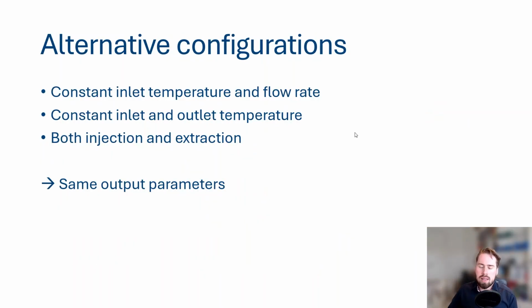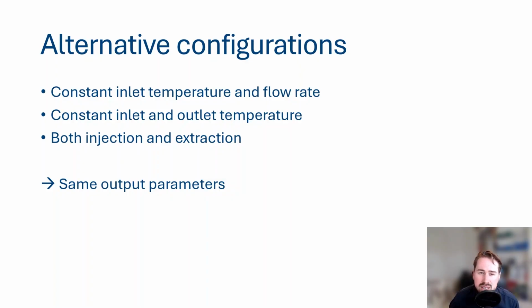Now, we talked about what's the typical TRT test that's being done. There are also other configurations. For example, you have TRT tests with a constant inlet temperature and a constant flow rate, where the power actually varies. You have TRT tests with constant inlet and outlet temperature, so here both power and flow rate are varying.